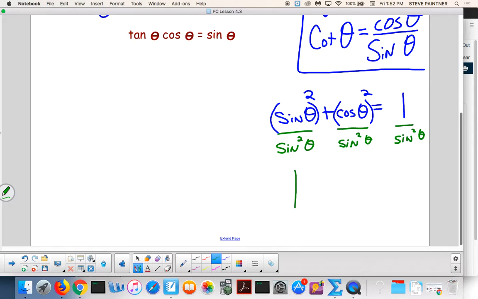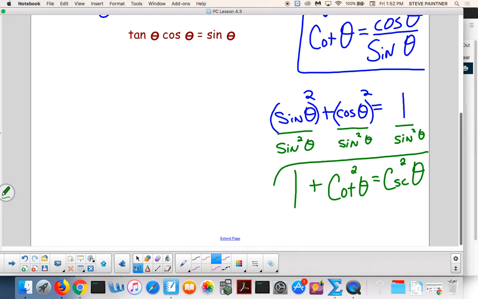Cosine squared divided by sine squared is cotangent squared, because cosine over sine is cotangent. Squared stays squared. What about this one? 1 over sine squared goes with cosecant, so cosecant squared. And this is 1.